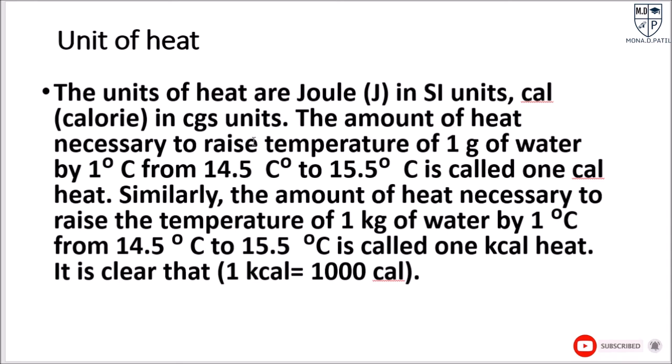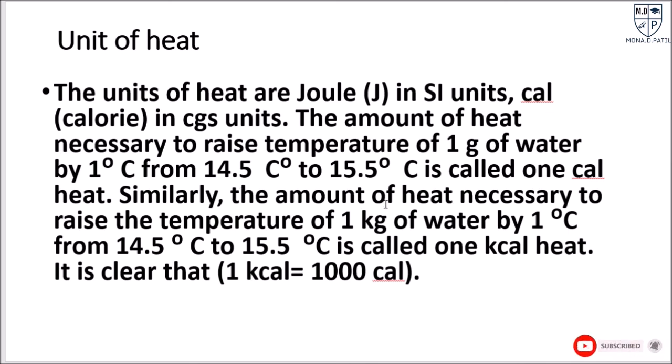The amount of heat necessary to raise the temperature of 1 gram of water by 1 degree Celsius, from 14.5 degrees Celsius to 15.5 degrees Celsius, is called 1 calorie of heat.